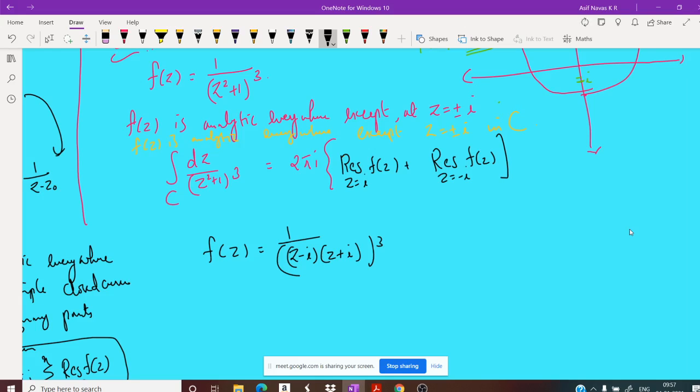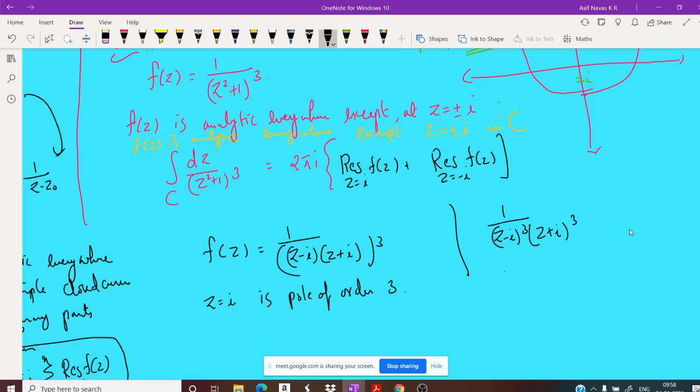So what is z equal to i? Is a pole of order 3, right? Pole of order 3, why? You can write the Laurent series, right? (z minus i) all cube into (z plus i) all cube.